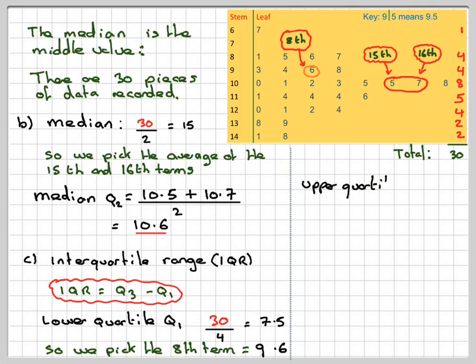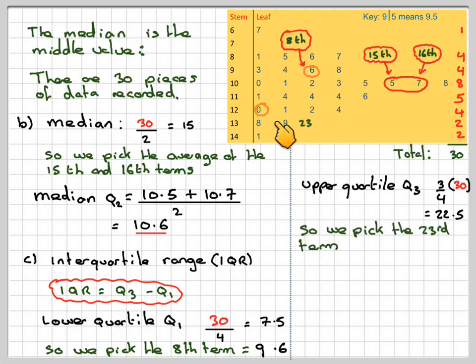And for the upper quartile, do the same thing here. We could take from here to the end, that's going to be 15 values, and go along 1, 2, 3, 4, 5, 6, 7, 8. So it's going to be the 23rd value, which is going to be that one.